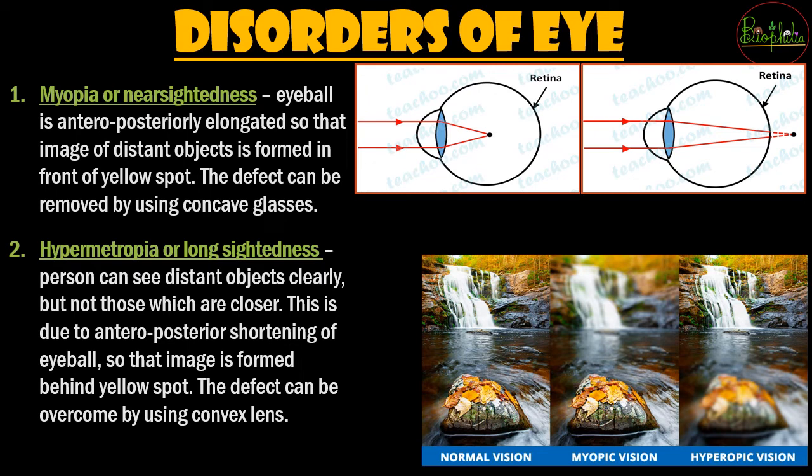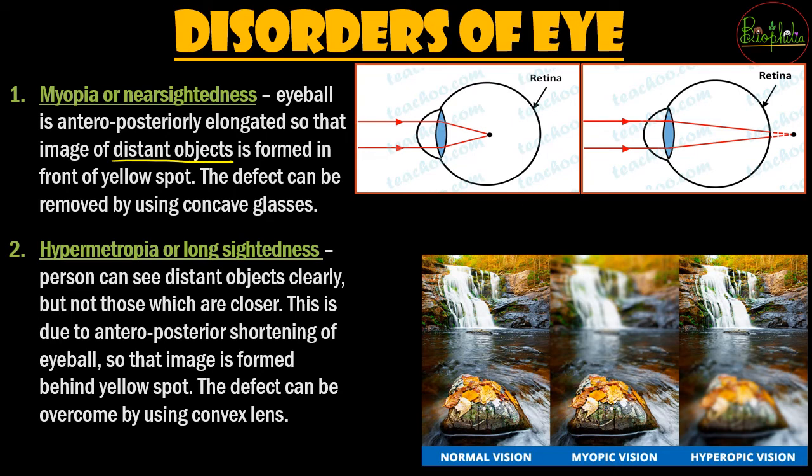So myopia, also called nearsightedness, what is it? This is the disorder that does not allow the person to see distant objects, यानी दूर की चीजें देखने में there is going to be a problem. So if the person cannot see far away objects, how can it be treated?